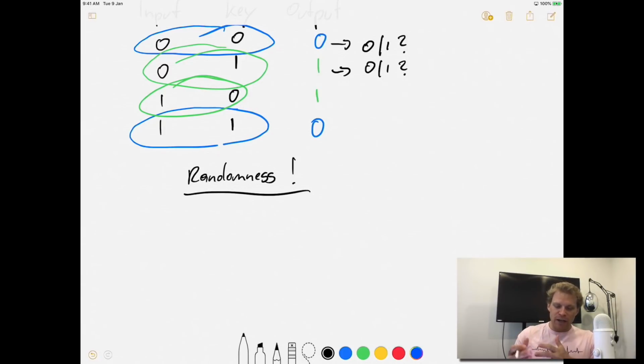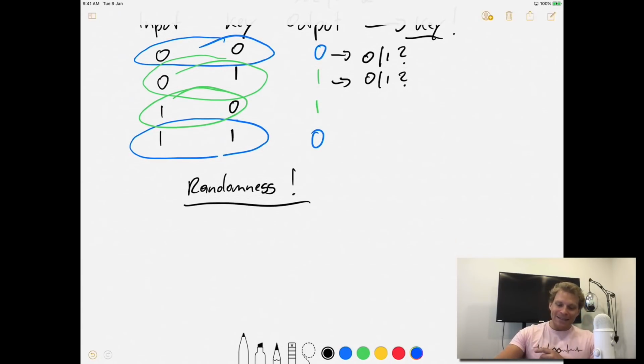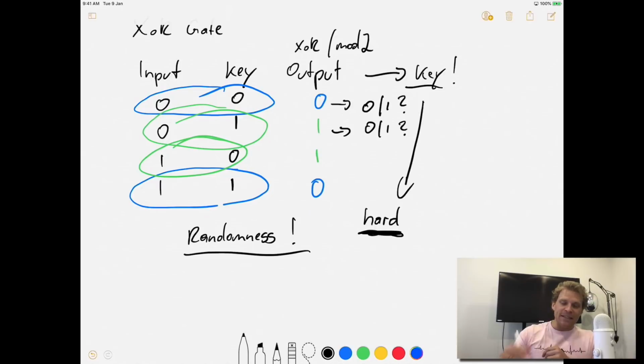Because there is a very, very impossibility to kind of backwards calculate that, which is basically what you need. In order to get out of the output, you need the key. And so this is actually the key thing that we're not going to be going into, because this is the hard part. The hard part in a stream cipher is to generate this key stream. And we're not going to go into this because this is not relevant to us, how to generate such a key stream, for example, in telecommunication.